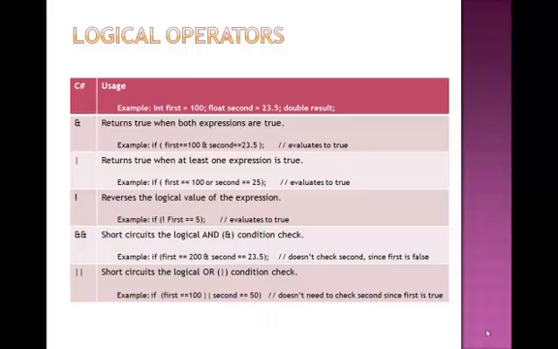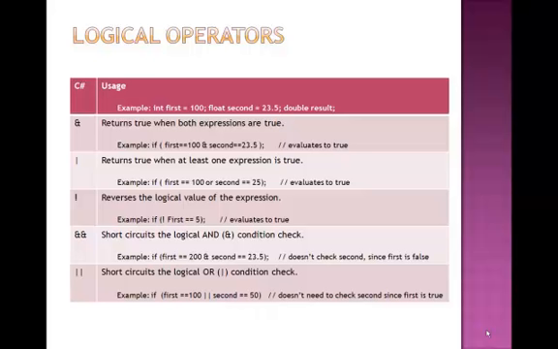These operators are basically used to combine the results of multiple individual expressions and to make sure that multiple conditions are true or false. The table shown here shows different types of logical operators that C# supports.